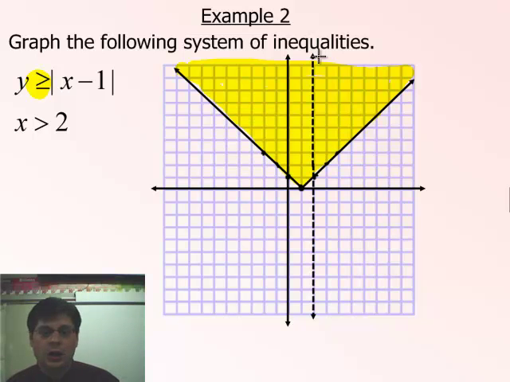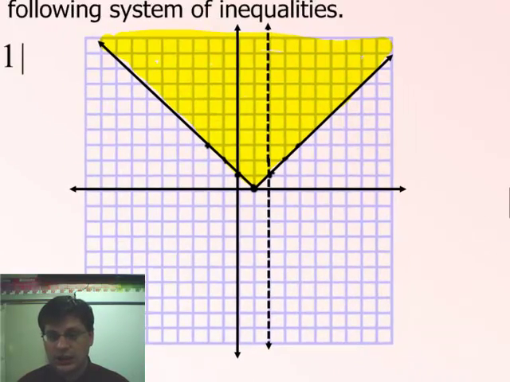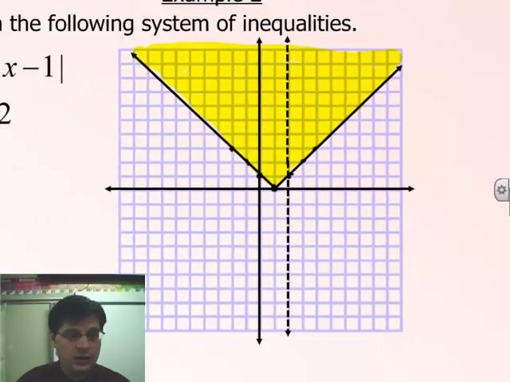Okay, now as far as shading is concerned, this is going to be the only exception as far as determining how you shade, because you can't shade above or below a vertical line. This is the one case where you're going to consider shading left or right. So we need to think about what it's telling us here, and it's saying that x is greater than 2.